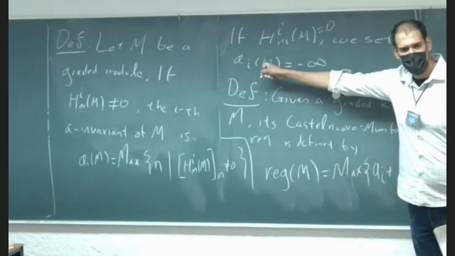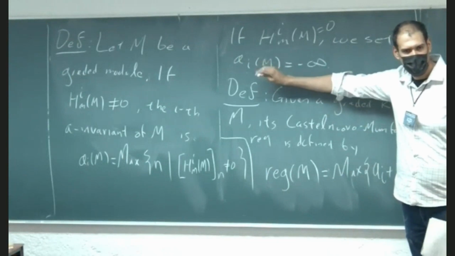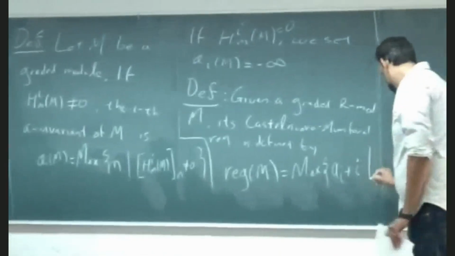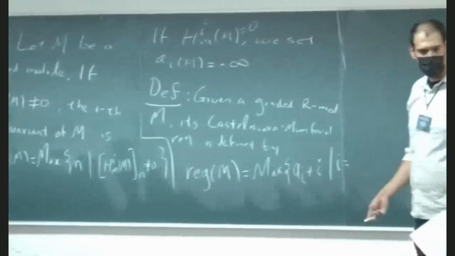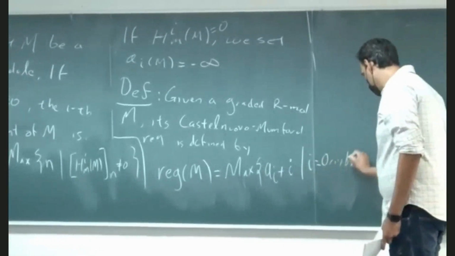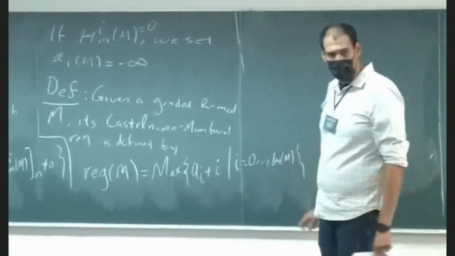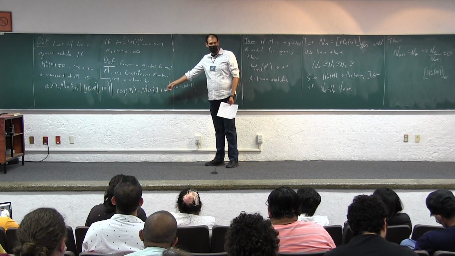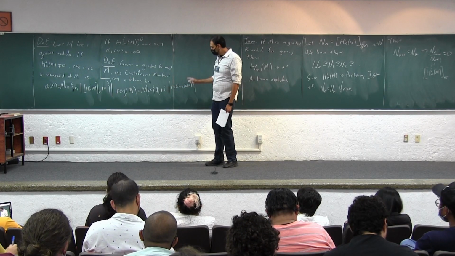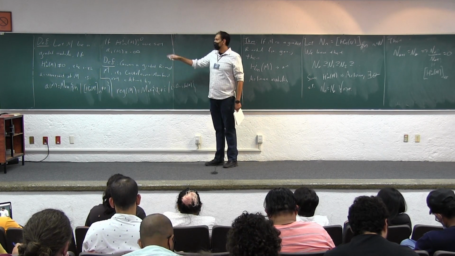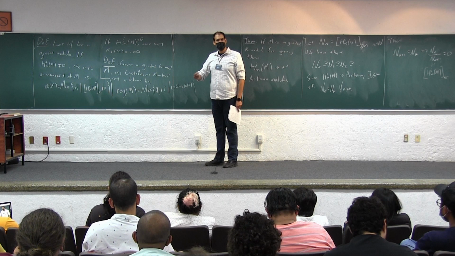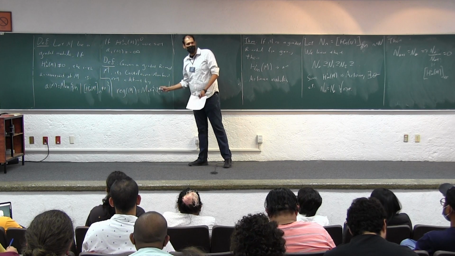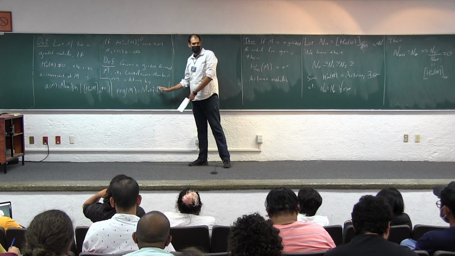A lot of times you're going to forget the M there, if it's clear from the context. I hope that's okay. So i moves where the possible non-vanishing are, 0 until the dimension of M, because outside this range it certainly becomes 0. It may become 0 in this range, but you get a bunch of minus infinities. But we know that at least one of the local cohomology modules does not vanish. So we're going to have something that's not minus infinity. Okay? So this is well defined.